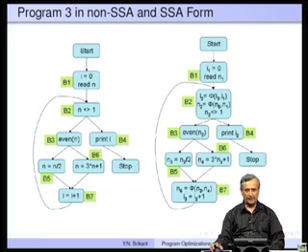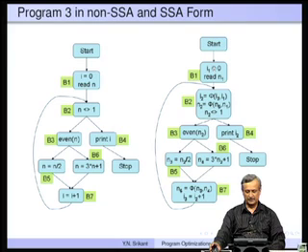So, to recap a bit, here is an example of the SSA form and the non-SSA form as well. The non-SSA form is just a flow graph, whereas in the SSA form some of the join nodes will have Phi functions for the incoming parameters.